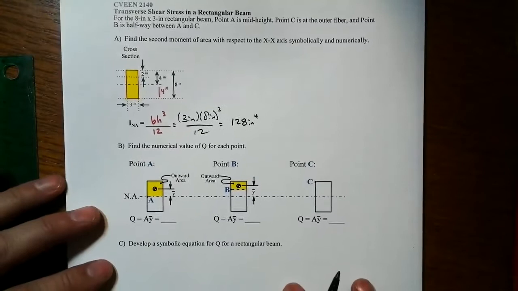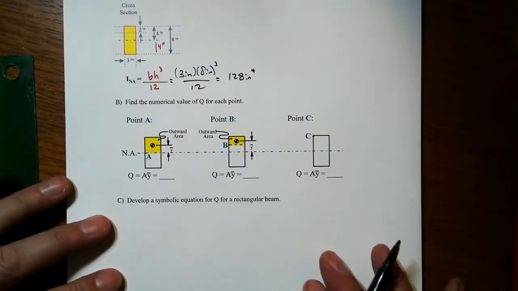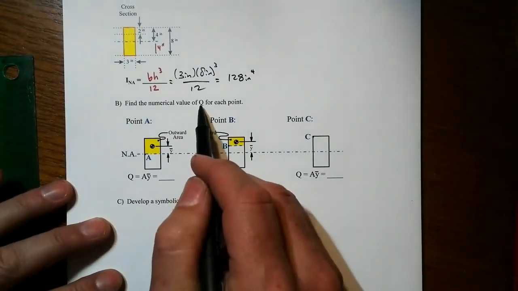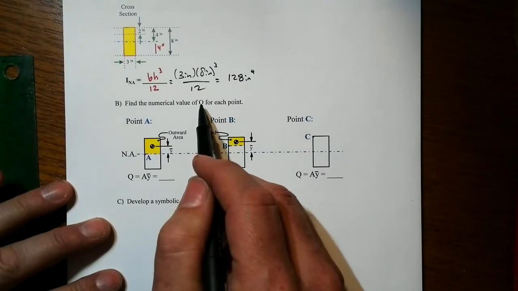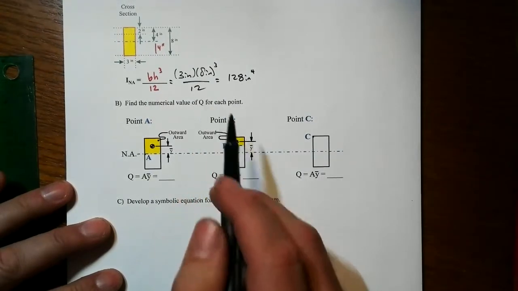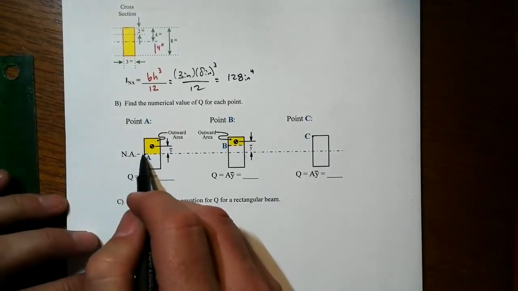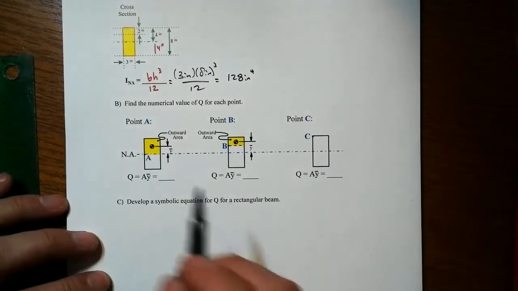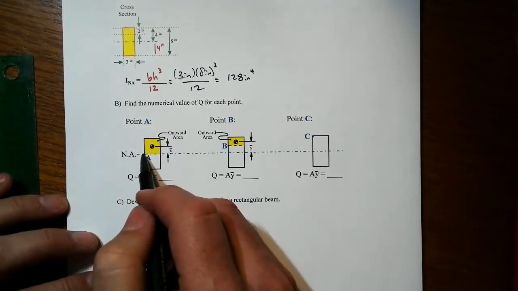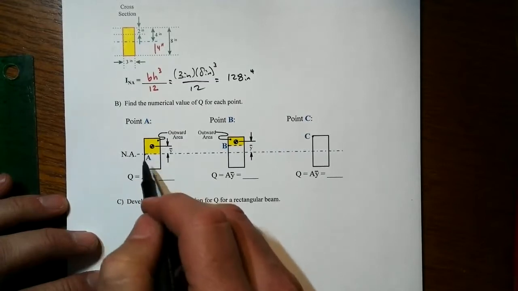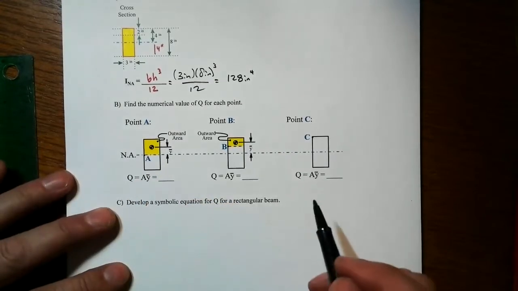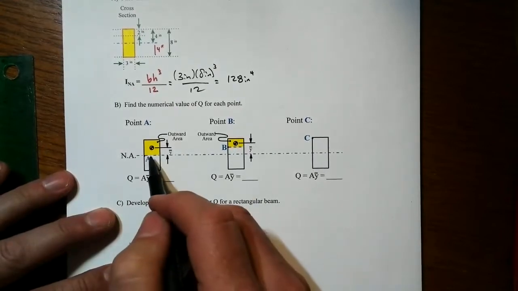So let's look at that. Now that's the first moment of the area outbound from the point in question. So the point in question here, point A, is at the neutral axis. So the outbound area is all the area from here to the outer fiber. Either side doesn't matter. You'll actually get the same answer no matter what you do. In this case, it's sort of obvious. We've got a symmetric cross section, but here now let's take a look.